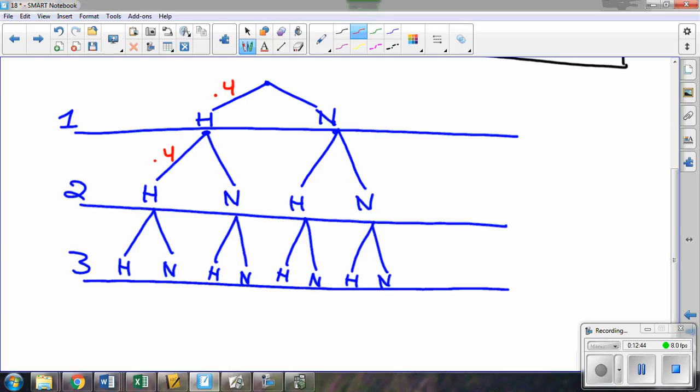Each time the guy gets a hit, there's a 40% chance of getting it because of the independence of at-bats. Each time he does not get a hit, it is a 60% chance. So each path along the N for not hit is 0.6. And we have now completed our tree diagram.